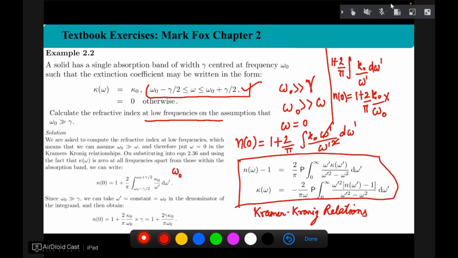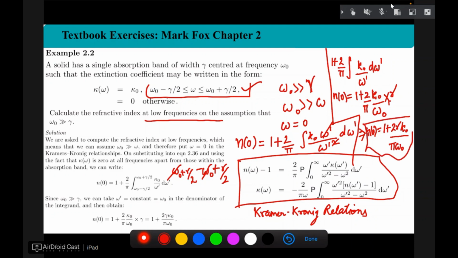So omega naught plus gamma by 2 minus omega naught minus gamma by 2; omega naught cancels, and we get gamma. So we got the value n at omega equal to 0 is 1 plus 2 gamma kappa naught by pi omega naught. So this is the desired answer.